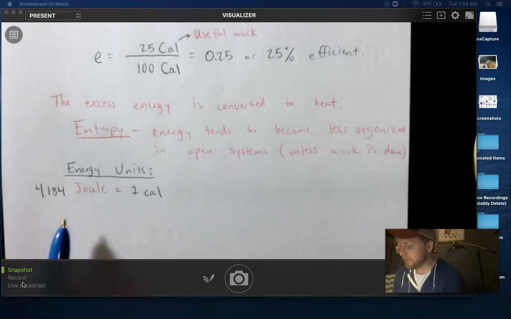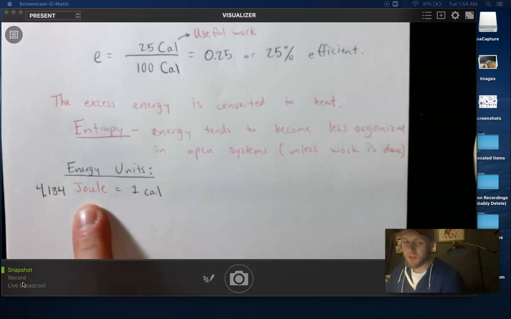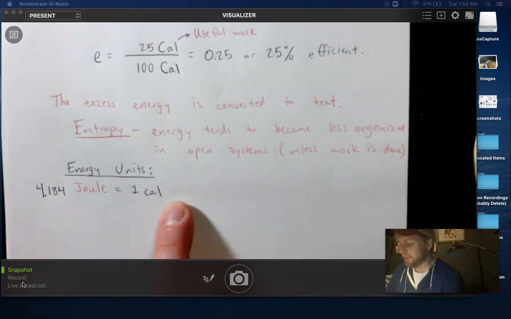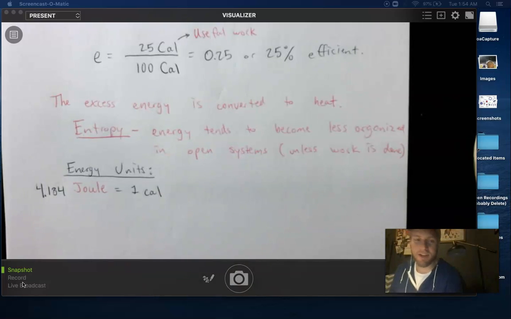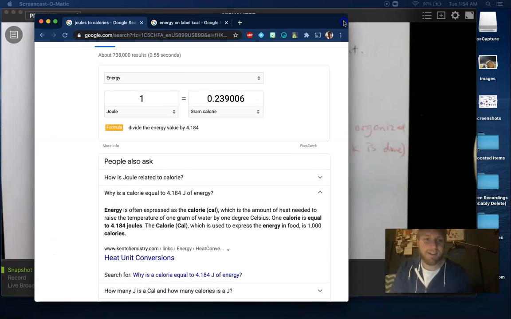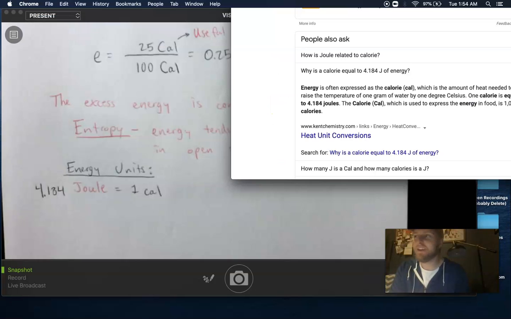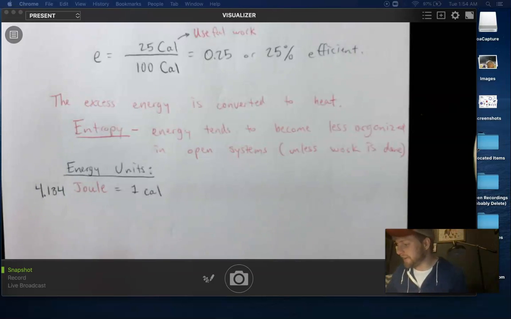We talked about energy being measured in joules. If you take 4.184 joules, that's the same as 1 calorie. That has a chemistry definition found right here. That many joules of energy is the amount of heat needed to raise the temperature of 1 gram of water by 1 degree Celsius. Anyway, that's why you see calories used.